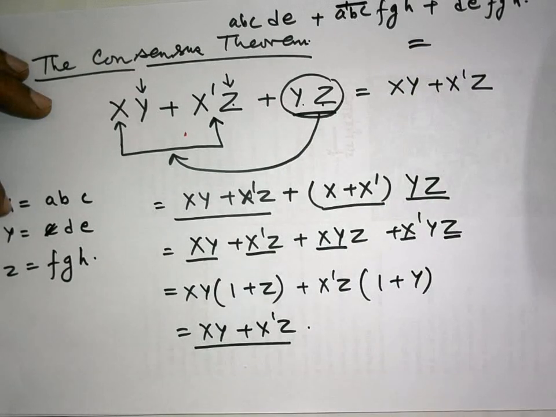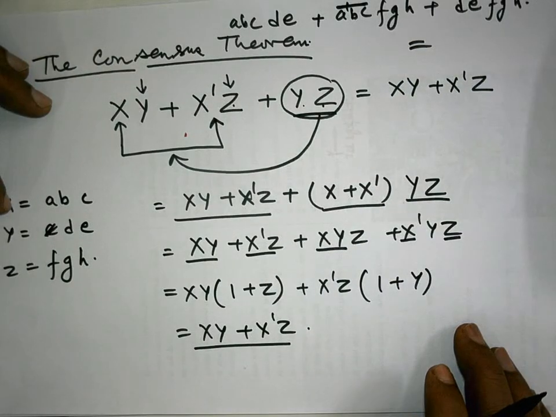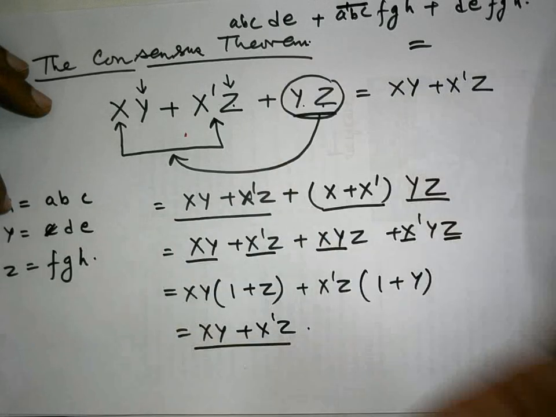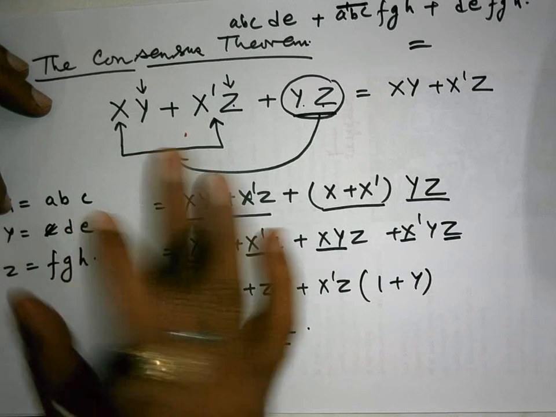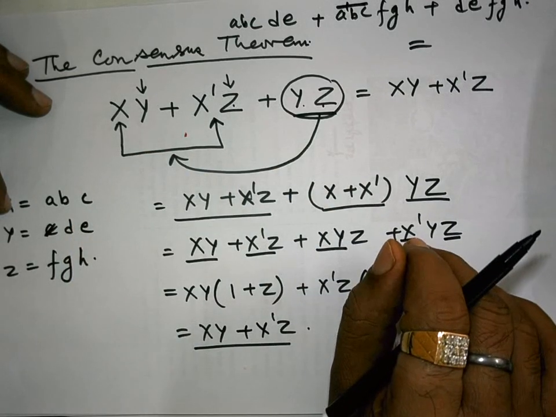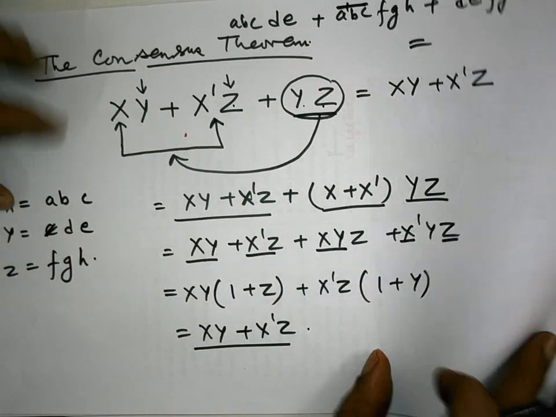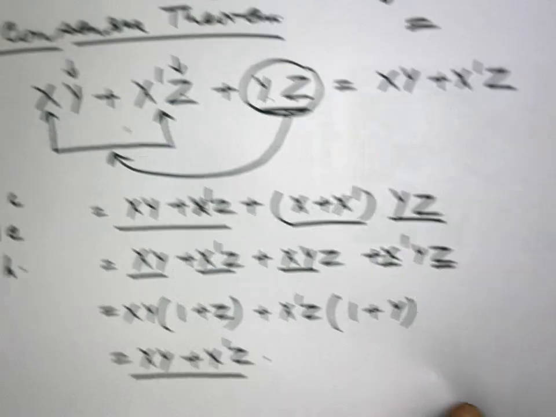So what will be the reduced expression of this? If you start solving it like this, it will take a lot of time, but if you apply this consensus theorem directly, your answer will come within a minute. They simply confuse you by making the terms larger. There you have to apply the theorem directly.